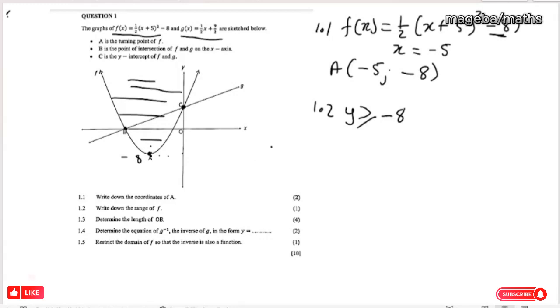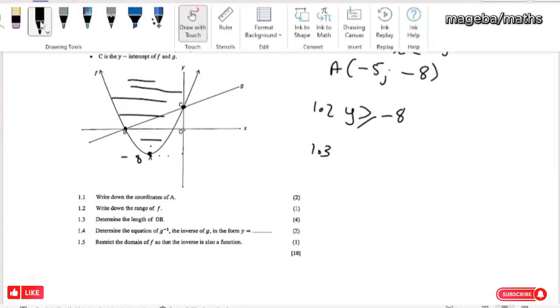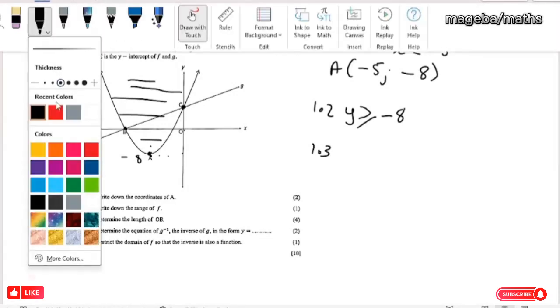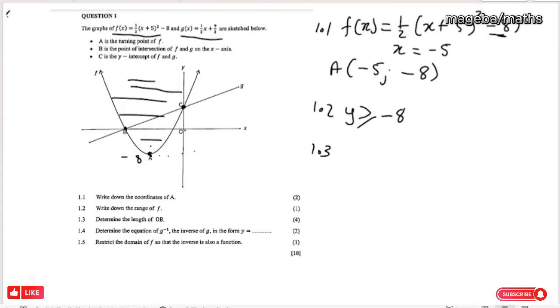That's how we find our range. Now 1.3. Now they're telling us to determine the length of OB. Now OB, this is O. OB is from O, it's here, and then B, it's here.